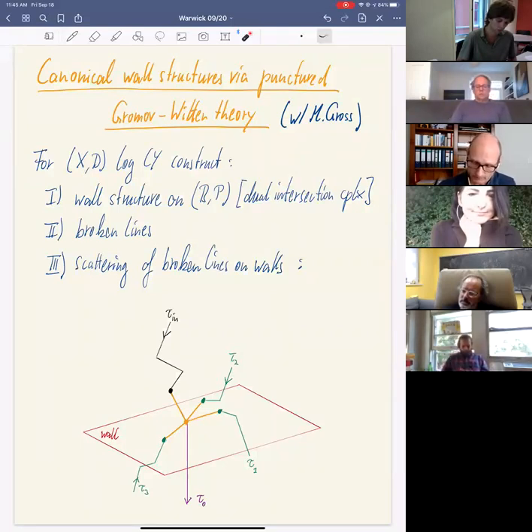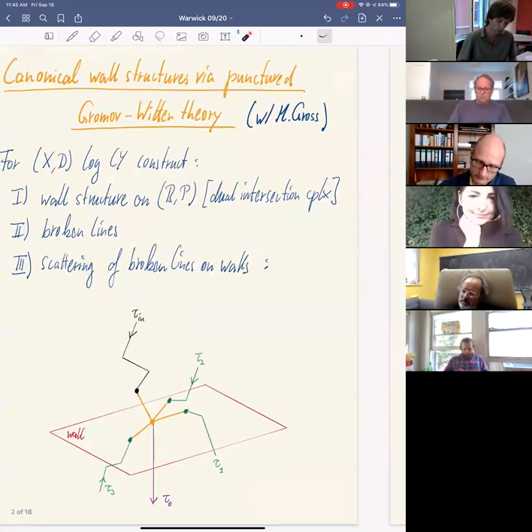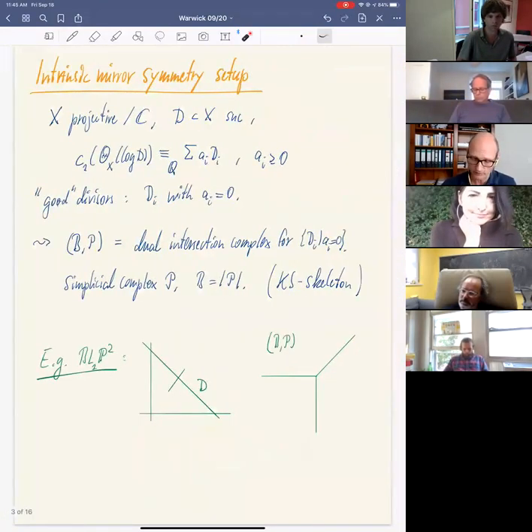And obviously there will be a little bit of setup and notation I have to tell you before being able to write down a formula. So let me briefly sketch this intrinsic mirror symmetry setup. And I only want to do this in what we call the absolute case, where you have a pair x comma d.